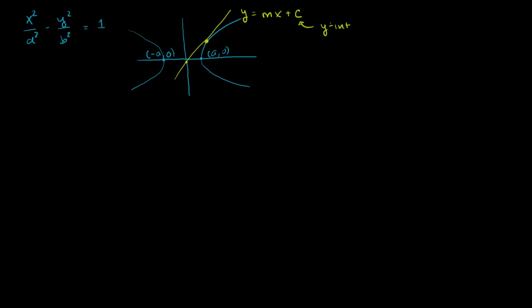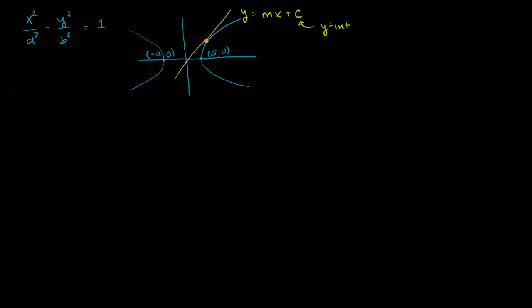Let me stop talking without drawing. Let's just see where they intersect. The whole insight here is that they're only going to intersect in one point. So what I'm going to do here is solve for y squared. Over here, let's multiply both sides of this equation by negative b squared.